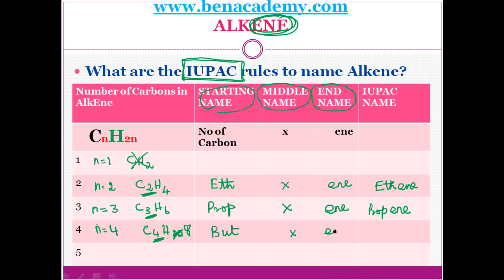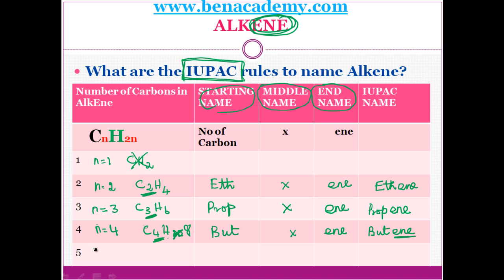The end name is ene, since it belongs to ene type. Therefore, the name of a compound having the formula C4H8 is butene. 4 and 8 are in the ratio of 1:2, therefore it belongs to ene type. It is alkene, therefore the end name is ene.